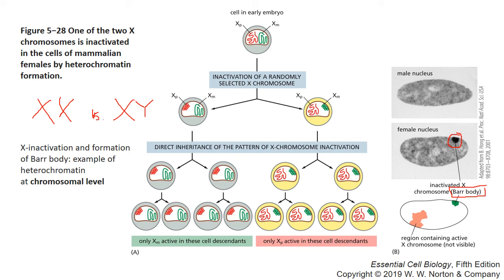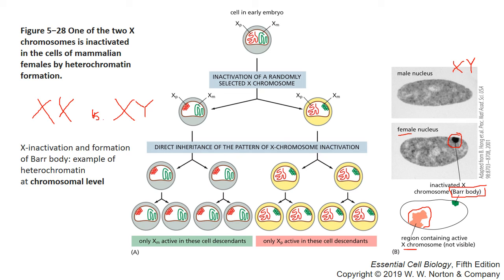So here in my little illustration, notice how in the female nucleus you have your little bar body. In the male nucleus you don't, and that's because males only have one X, so that one will be fully activated at all times. Females will have our inactivated X, and then here on the illustrated example, you can see the X chromosome that's going to remain active.